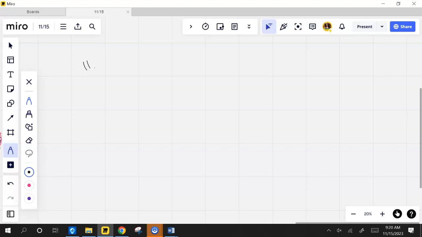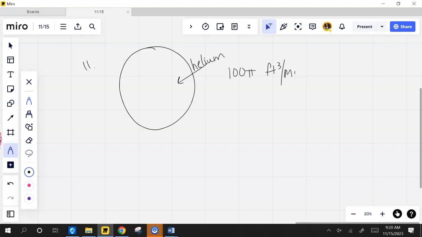A spherical balloon is inflated with helium at the rate of 100 pi cubic feet. This one might be too easy too. We'll keep going with it.